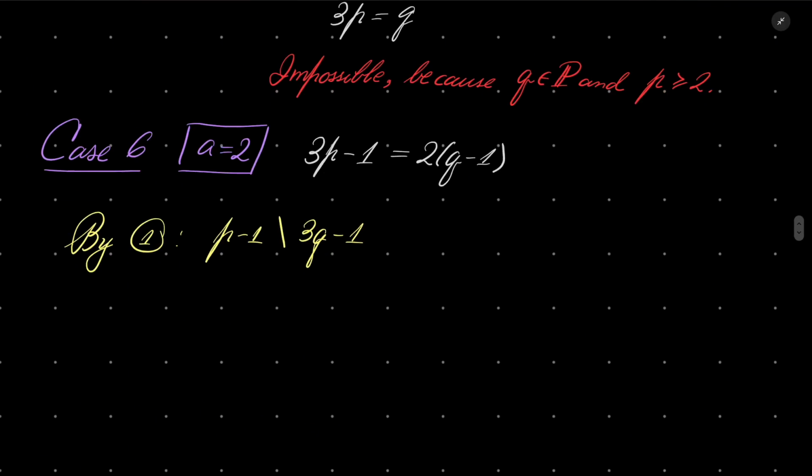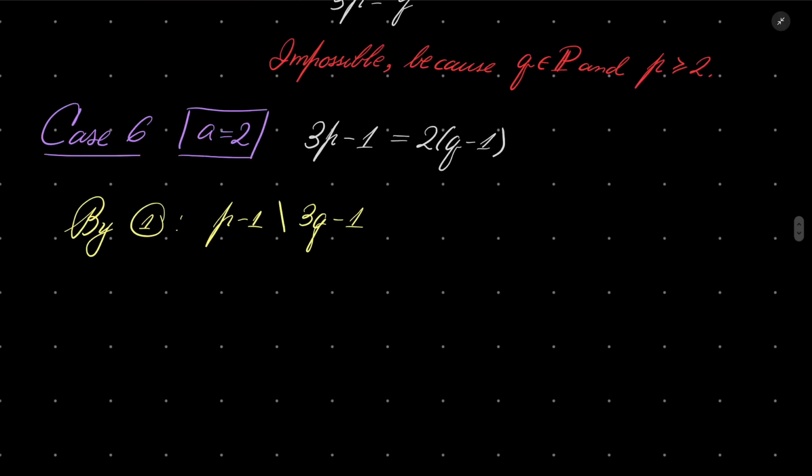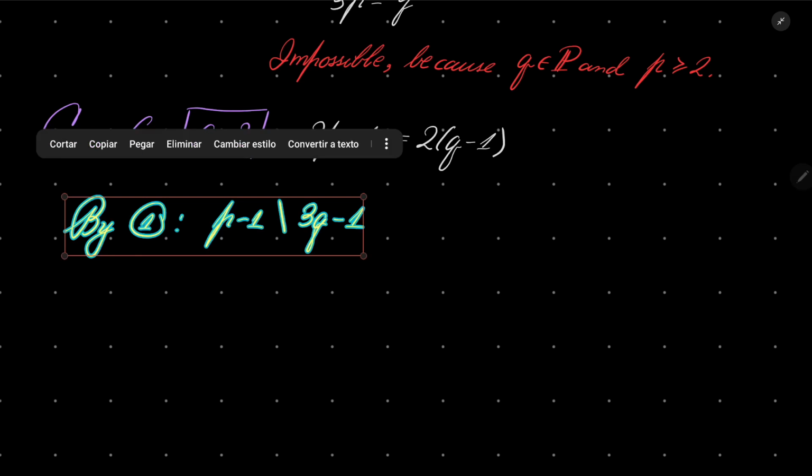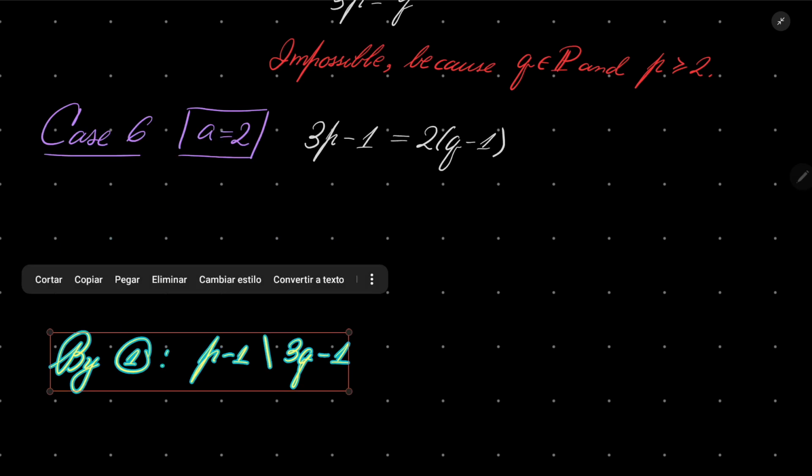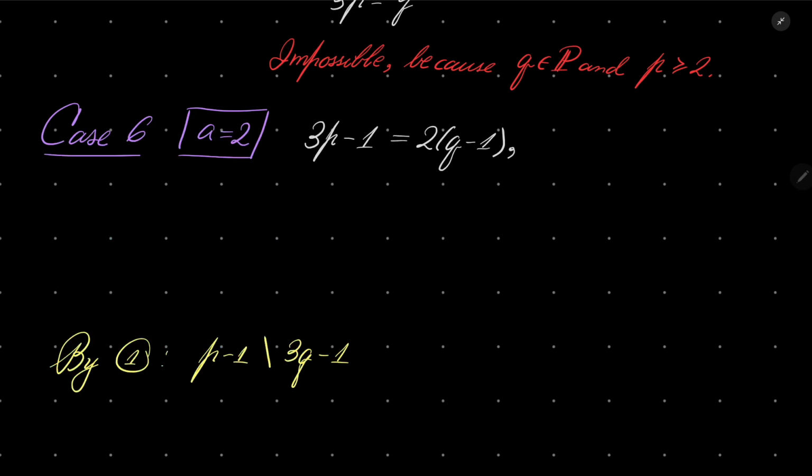Okay, very well. And now, what will I do? Well, maybe let's put it a little bit lower. And now I wish to transform my equation a little bit. So I wish to multiply by 3. So I have 9P minus 3 equals 6Q minus 6.